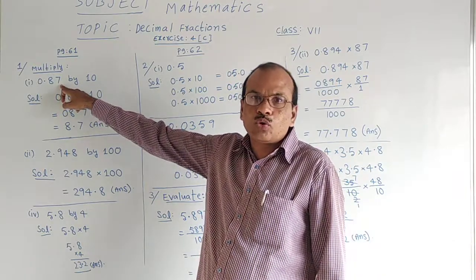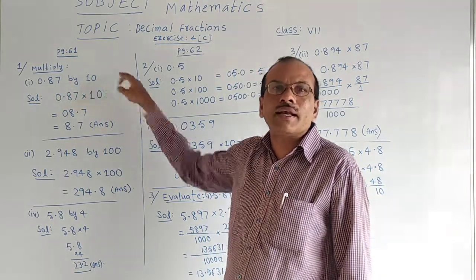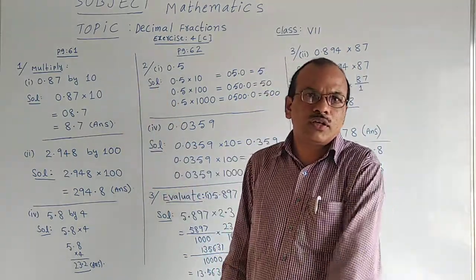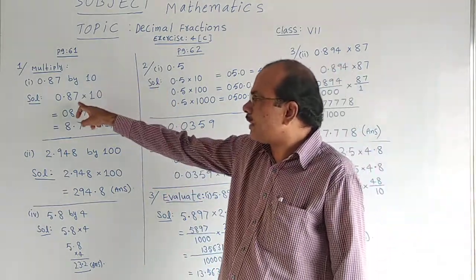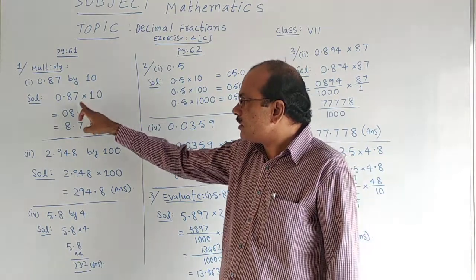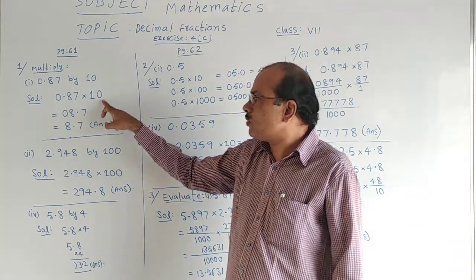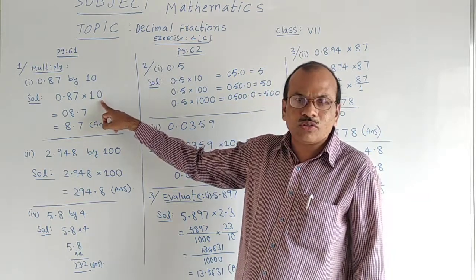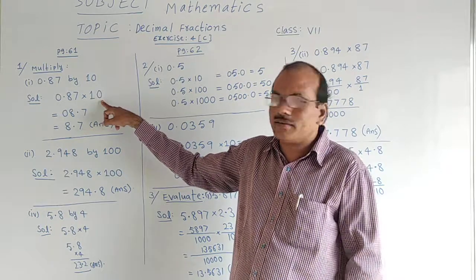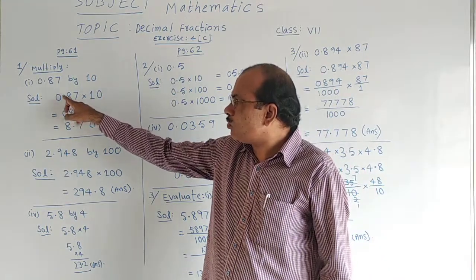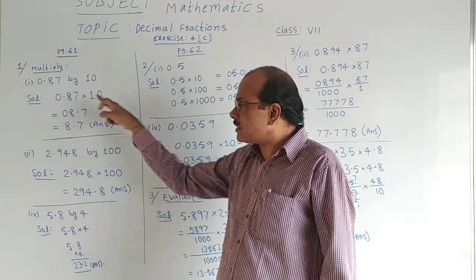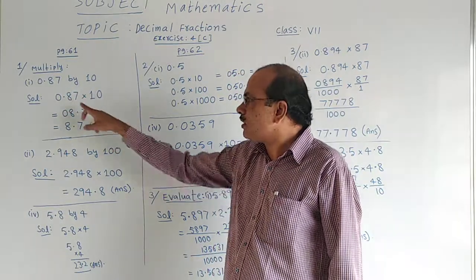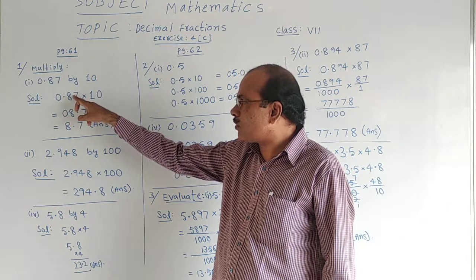0.87 should be multiplied by 10. So those two numbers should be multiplied with each other. 0.87 into 10. Here 10 has a starting 1 and one 0. That's why this point should move towards the right side. It should cross one digit. That means this point should reach up to here.